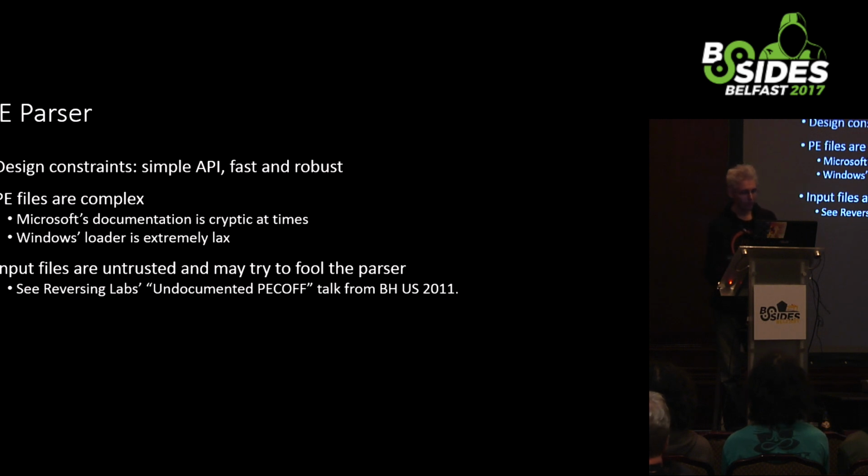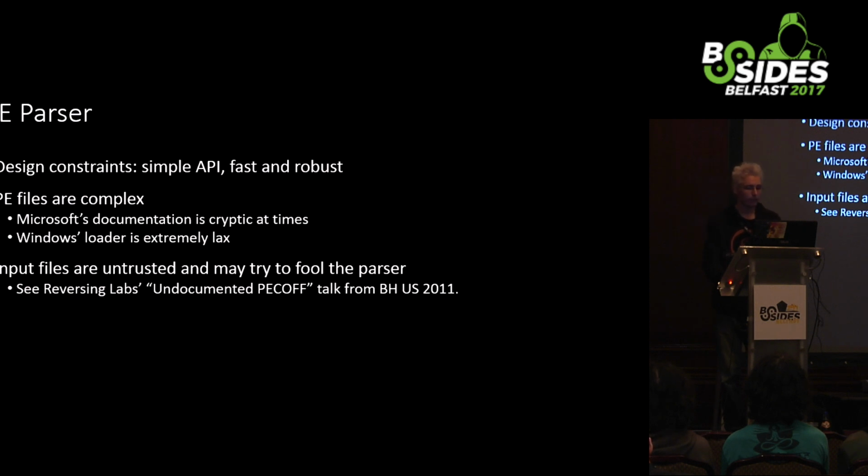There's another difficulty: since we are going to be handling malware, which is by definition a very interesting input, we know that there is a significant chance that the input we're going to use is going to try to actively attack the parser. There have been a couple of bugs in IDA Pro in the past, and other analysis tools, that were just attacked by malware in order to prevent analysts from reversing the programs and looking into them.